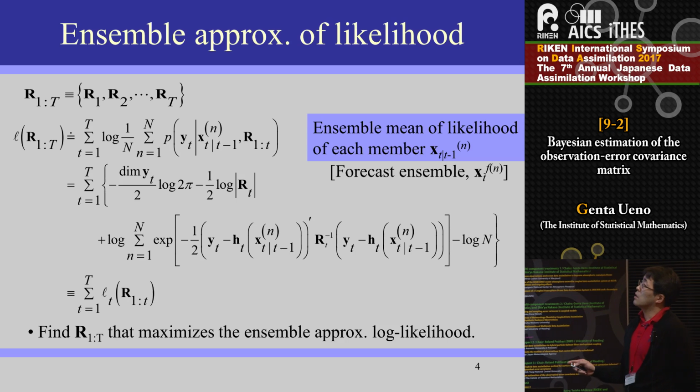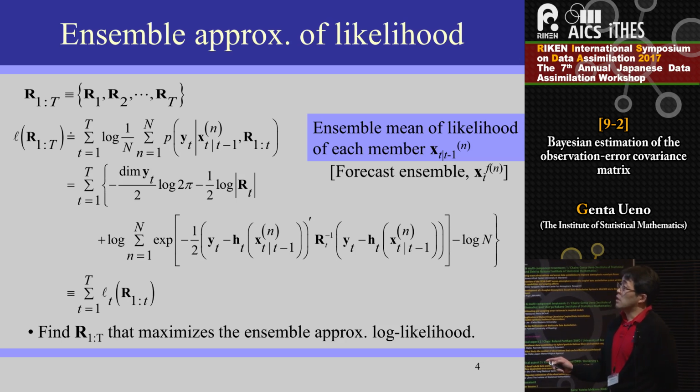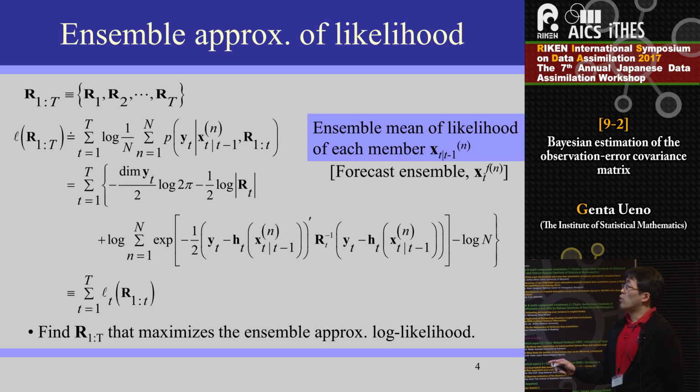In the next line, I present the likelihood of the R covariance matrix. The first line shows the ensemble approximation of log likelihood. Here I use the small n to mean each ensemble member. This summand p(y given x and R) means the likelihood of ensemble member n. Then take the average, which means the ensemble mean of likelihood of each member.